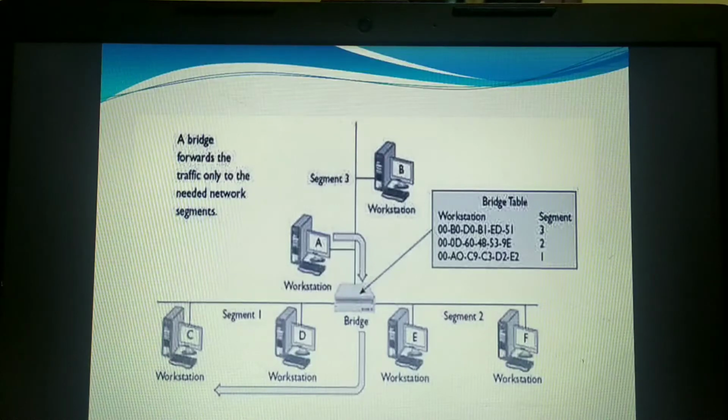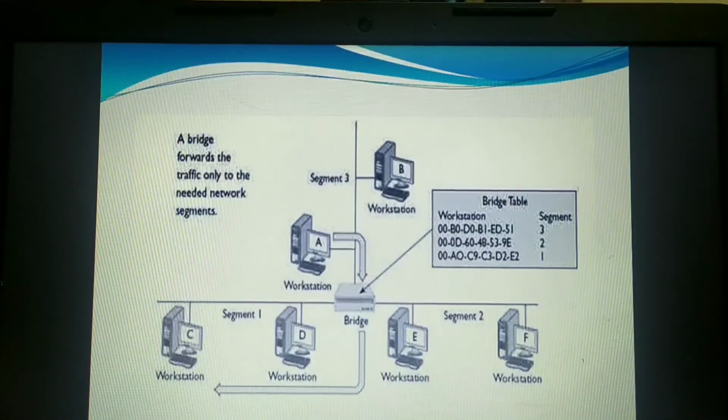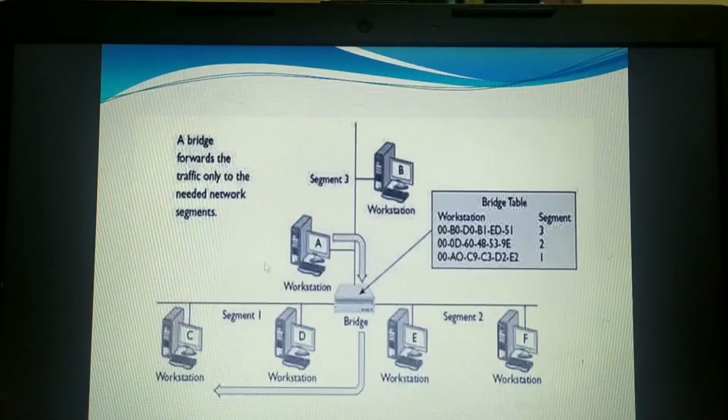And what exactly is this logical address or the IP address? Suppose I want to communicate within the same network. This is one network into which almost 6 computer systems are connected. If I want to transmit data within the same network, I need the physical address.